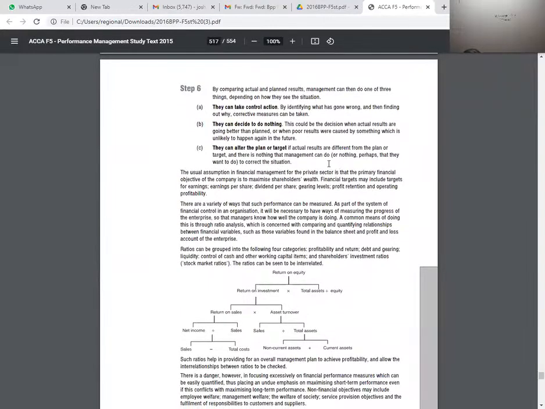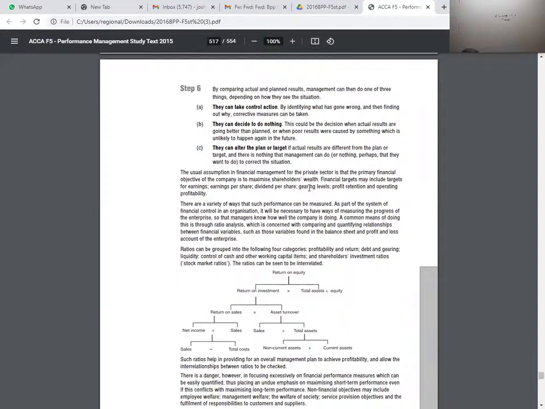Now from there is something, ladies and gentlemen, that these guys had asked us to give them: the financial performance measures and the non-financial performance measures. So the financial performance measures are here. You can see like earnings per share, dividend per share, gearing levels, profits, ROCE, right?